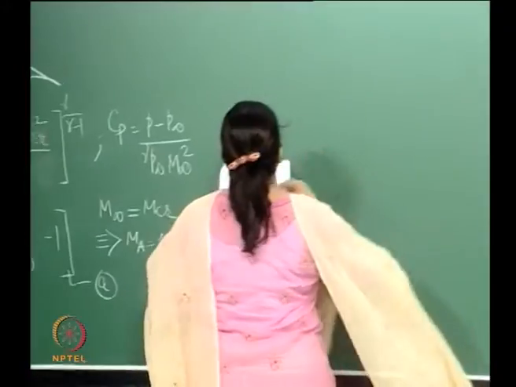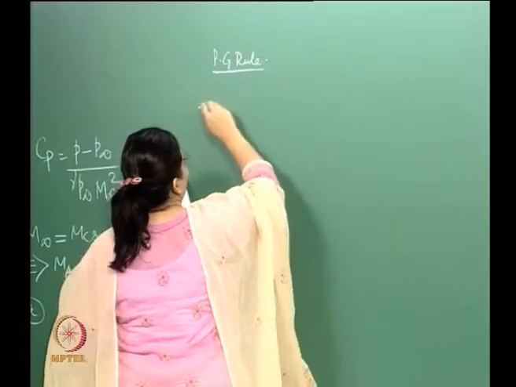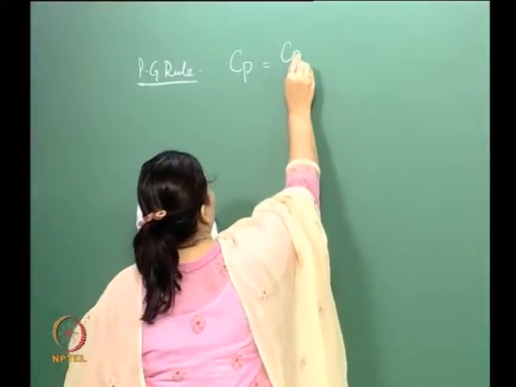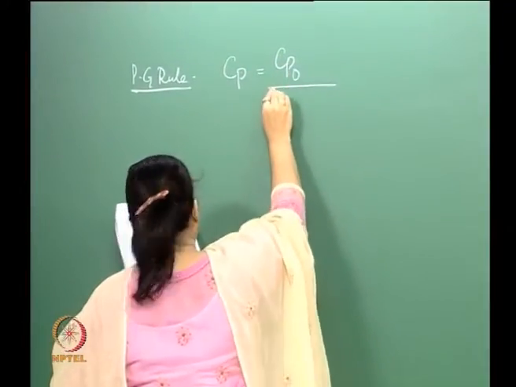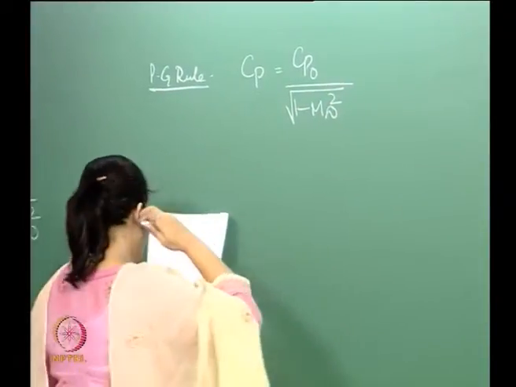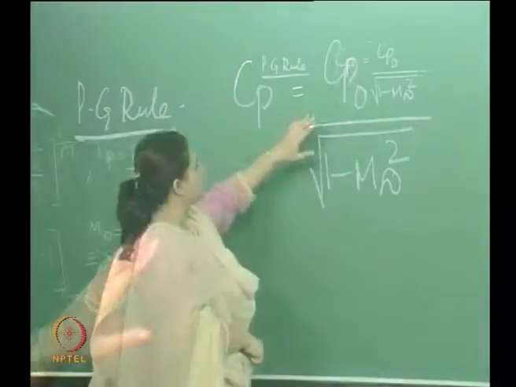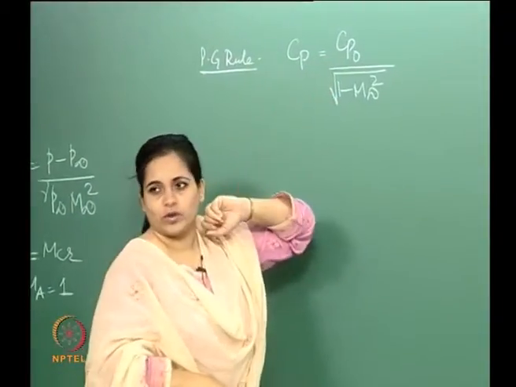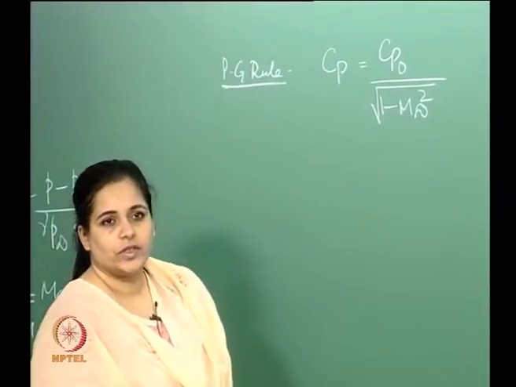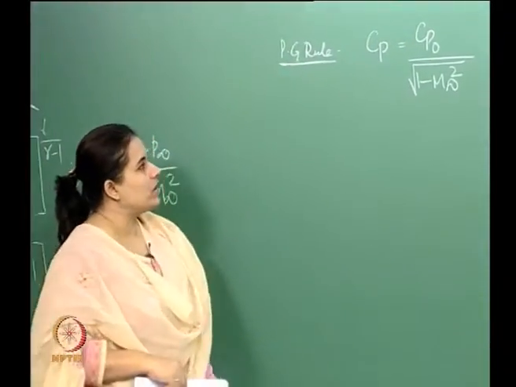The Prandtl-Glauert rule said that this is the Cp. What we see over here is that this is the incompressible coefficient of pressure, and with some corrections to it, we get the coefficient of pressure for the compressible flow.